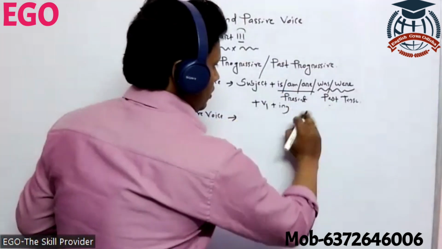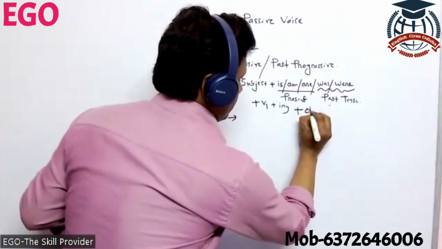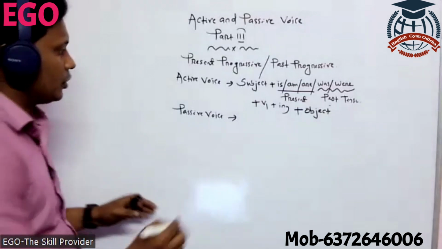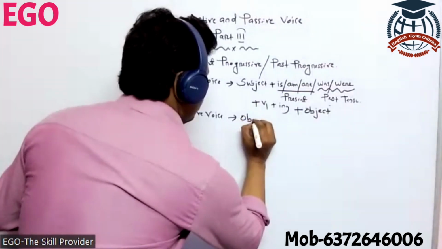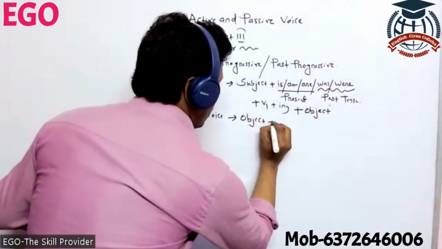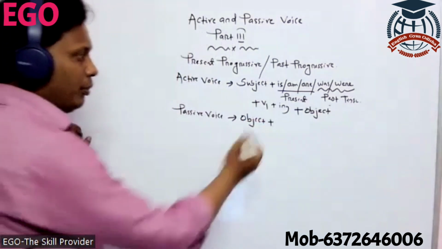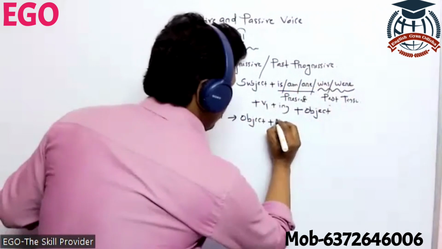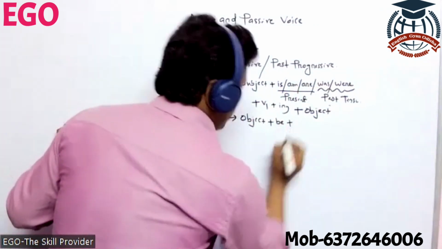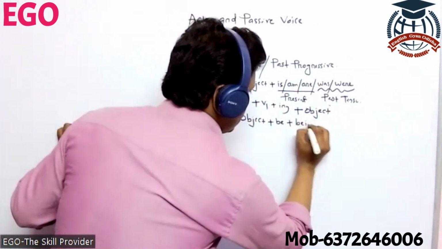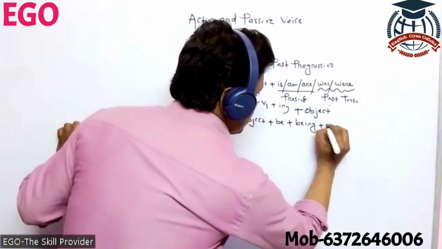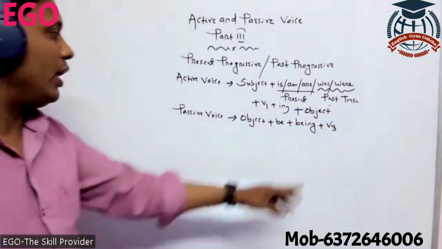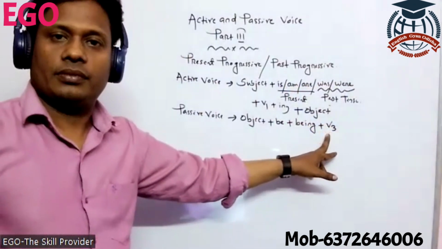Okay, and object will be there. So object plus be verb. Be verb means is, am, are, was, were, anything. Be plus being plus v3. So you can find it out every time we are using v3.